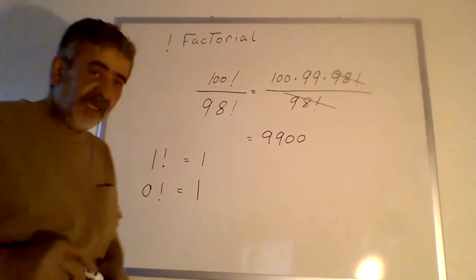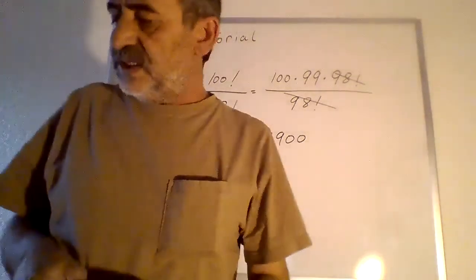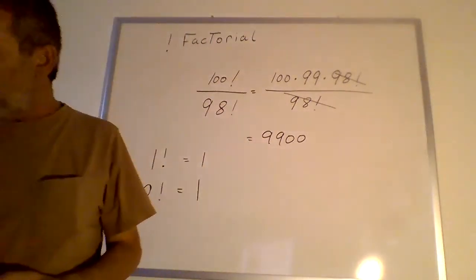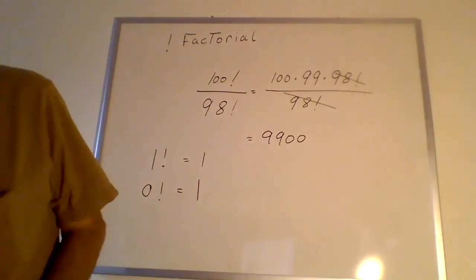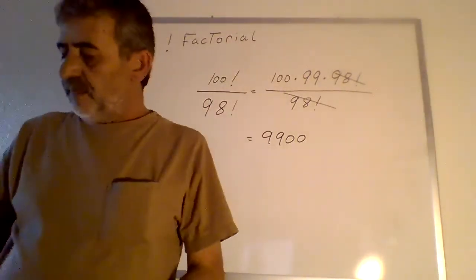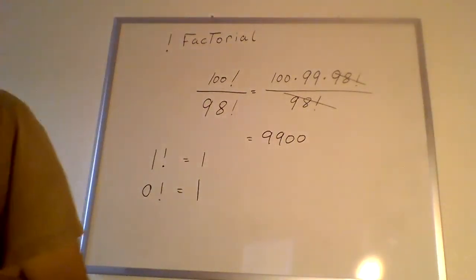Both of these are equal to 1. Those are by definition, so you have to take those as is. Okay? Let's go ahead and do a couple of examples of factorial and see what we can do with that.